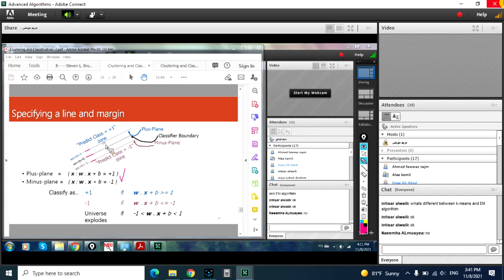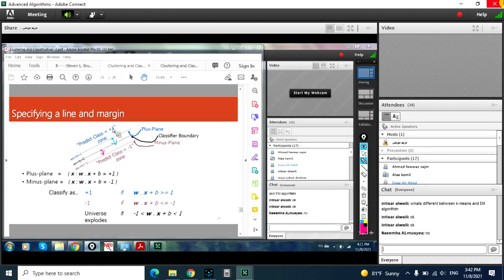And then this blue area is greater than 1, and this area is less than 1.